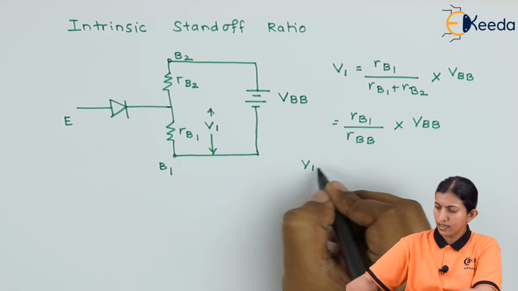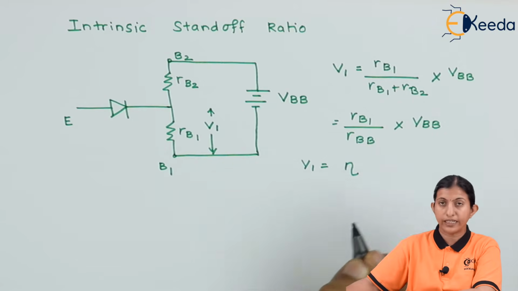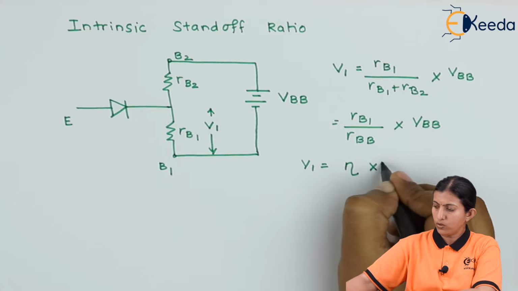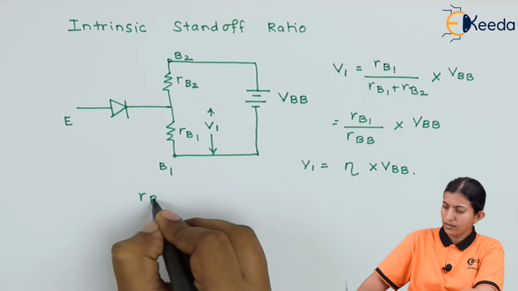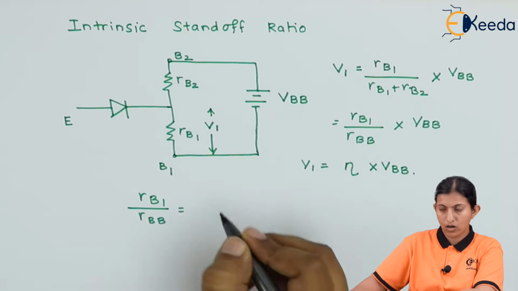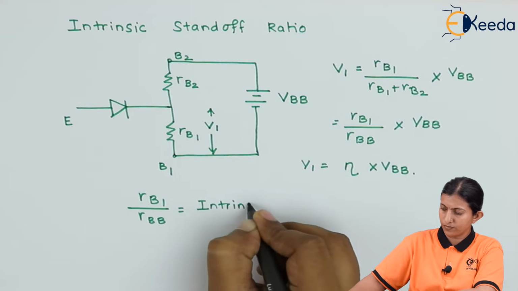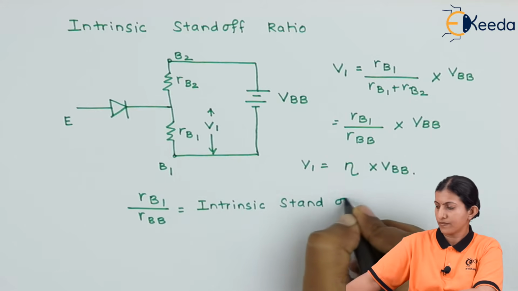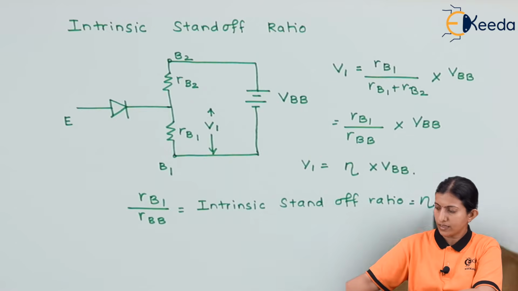So V1 is equal to RB1 divided by RBB times the supplied voltage VBB, which can be represented as eta times VBB. RB1 divided by RBB is called the intrinsic standoff ratio, which is represented as eta.